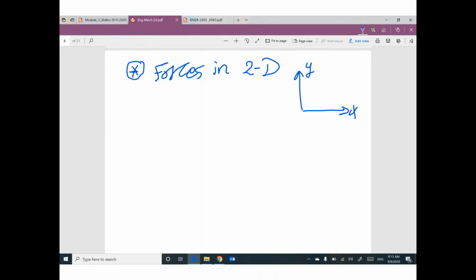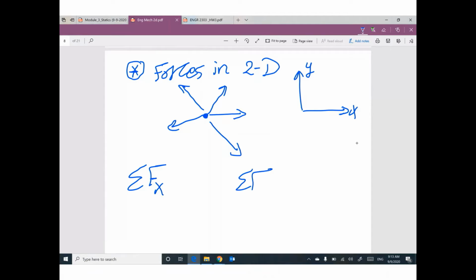So if you have a system of forces, any number of forces, all of these forces are concurrent, meaning they intersect at one point. So I can break each force into 2 components, and I can get the summation of all horizontal components, summation Fx, and the summation of all vertical components, summation Fy.